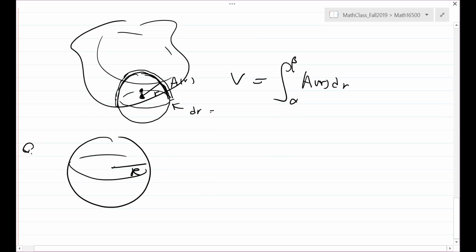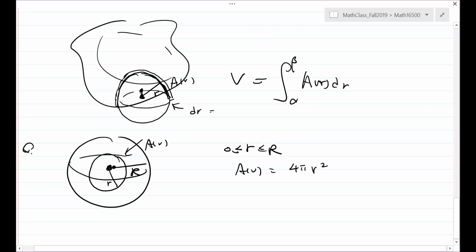So you take radius r, where r is between 0 and capital R, and the surface area of a sphere of radius r is going to be 4 pi r squared.